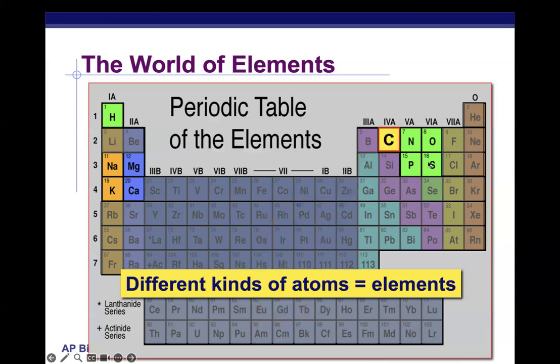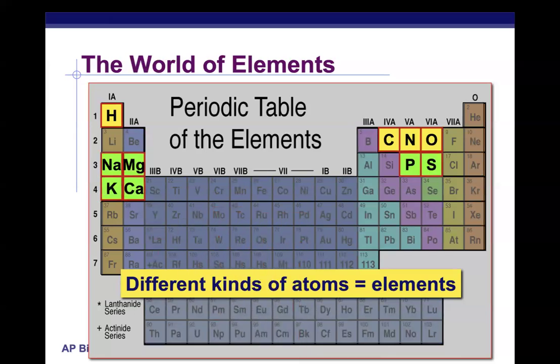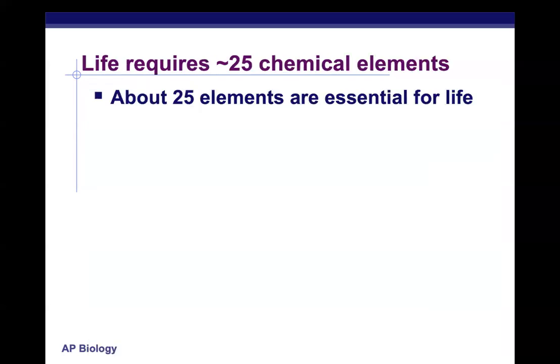They make up, and especially carbon, the large majority, 95% of living organisms. Hydrogen, sodium, magnesium, potassium, calcium, carbon, nitrogen, oxygen, phosphorus, and sulfur. So really, when we're talking in biology about different elements, these are mostly what we're going to be talking about.